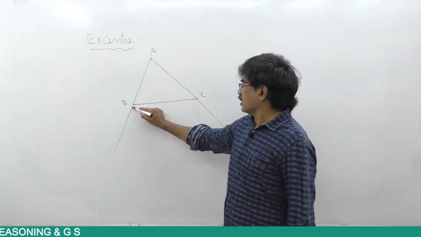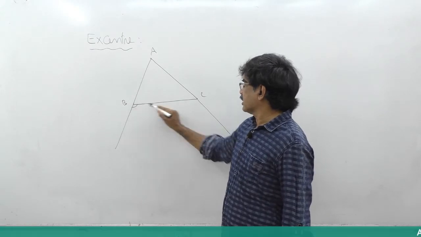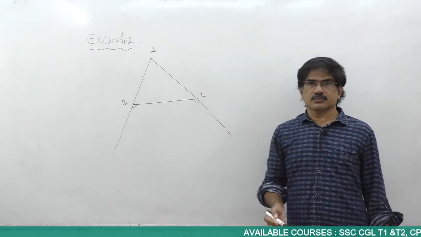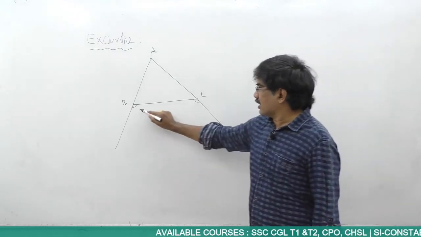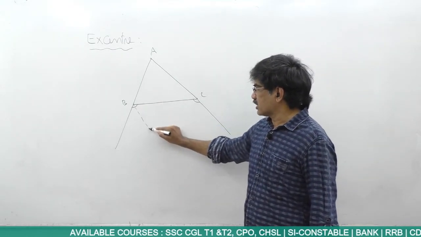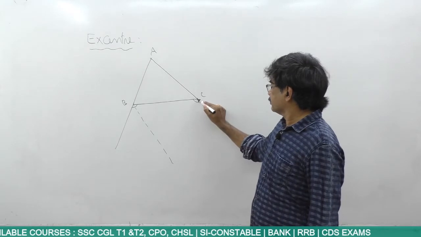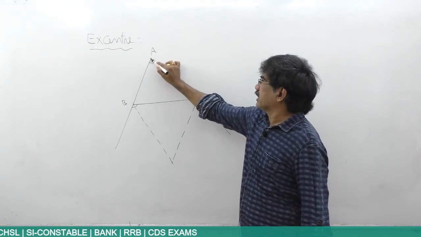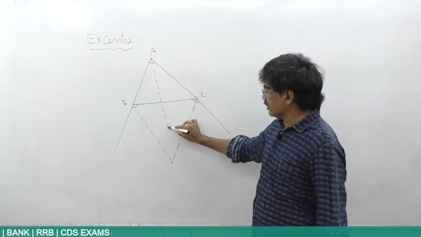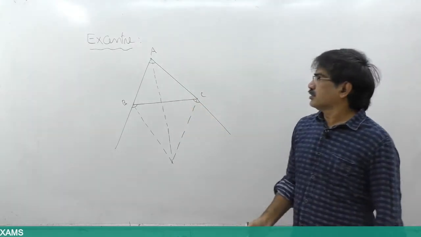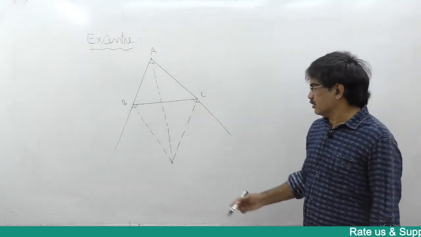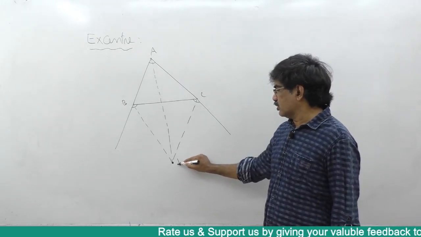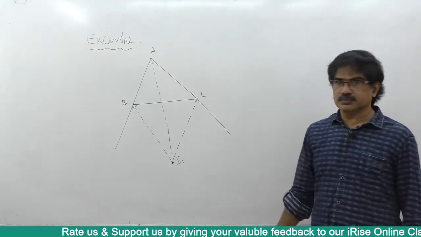These two are exterior angles, the exterior angle of B and the exterior angle of C. Draw angular bisectors of these two exterior angles and also draw the internal angular bisector of A. All these three meet at a point. This point is called the excenter, denoted by I1.